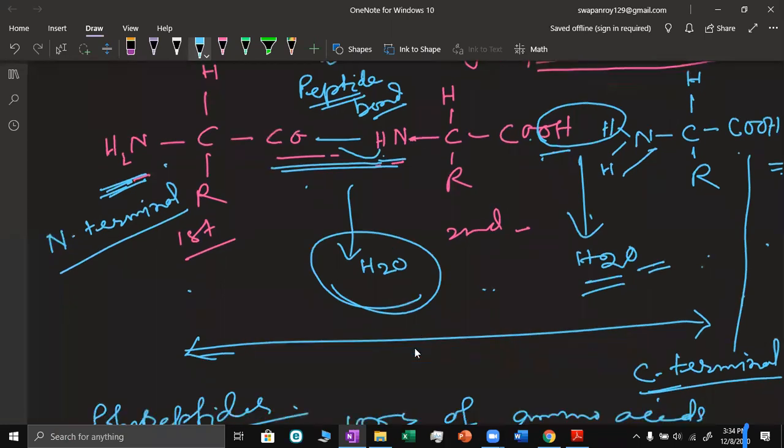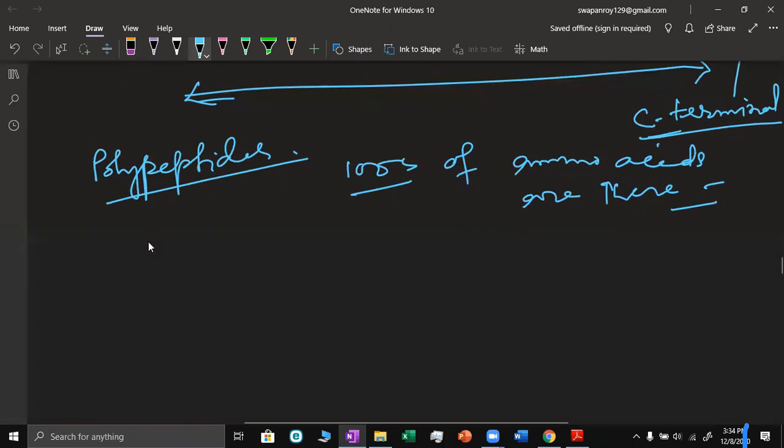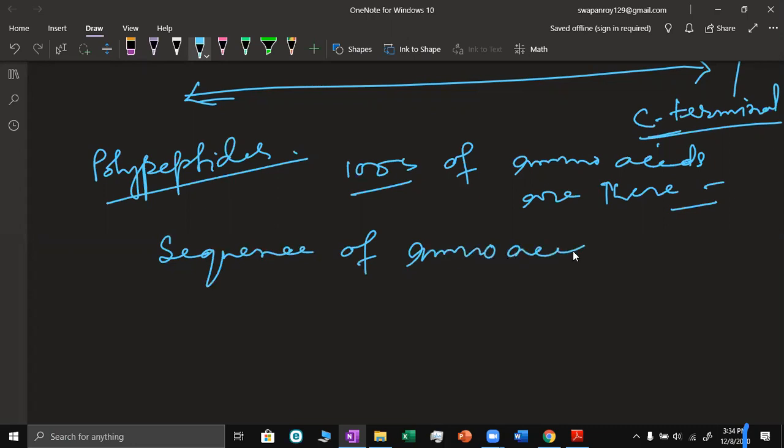So in a polypeptide, there is a particular sequence of amino acids, and this structure of the protein is called the primary structure of protein.